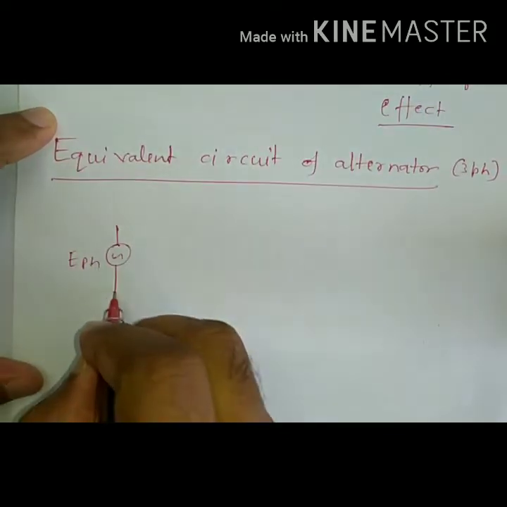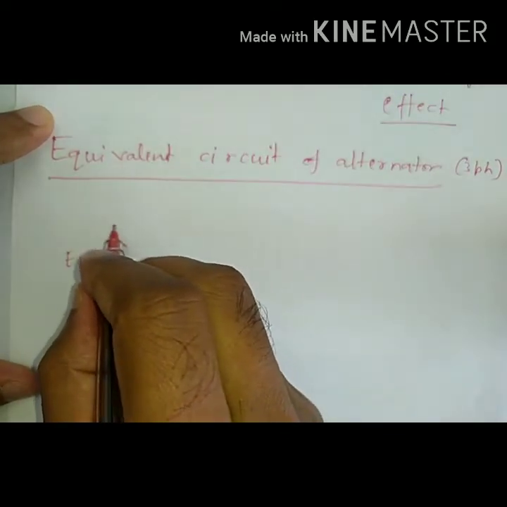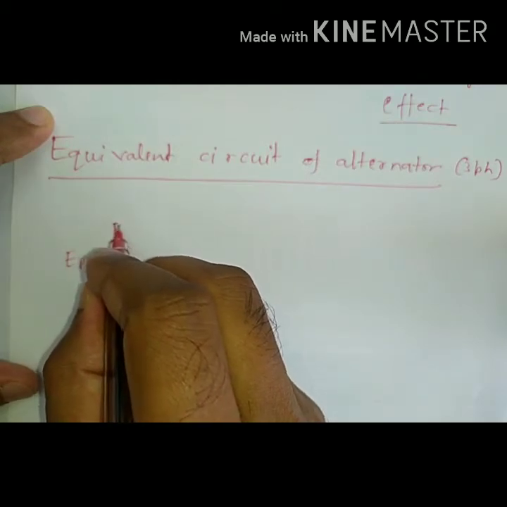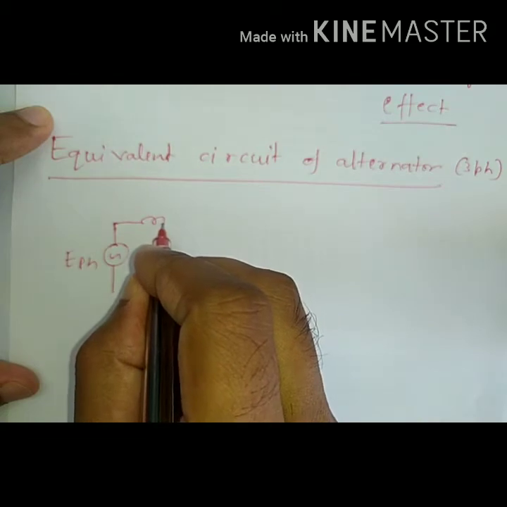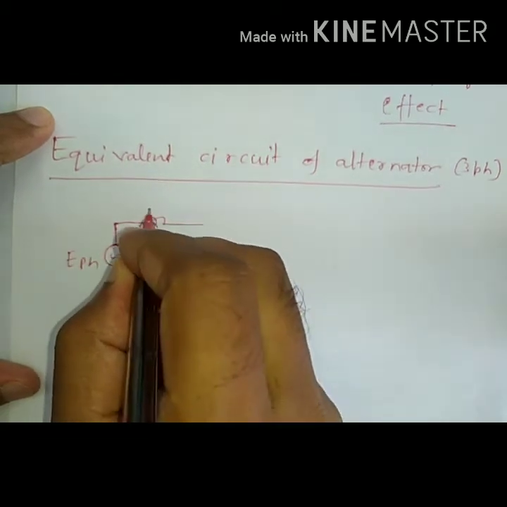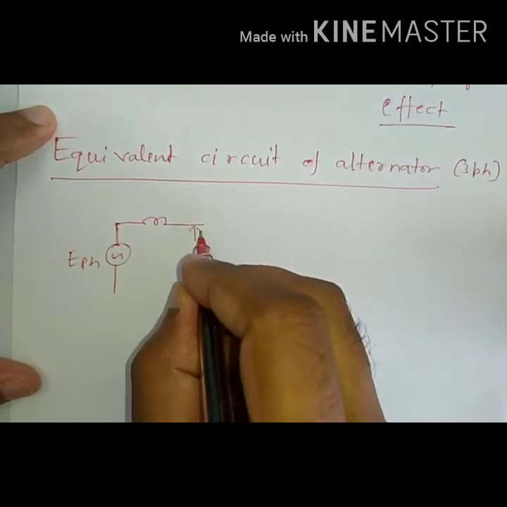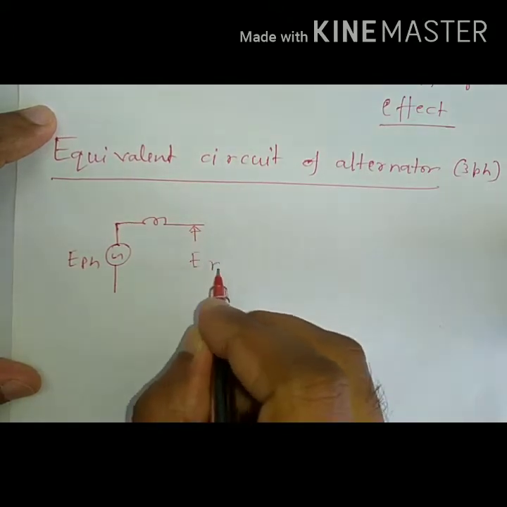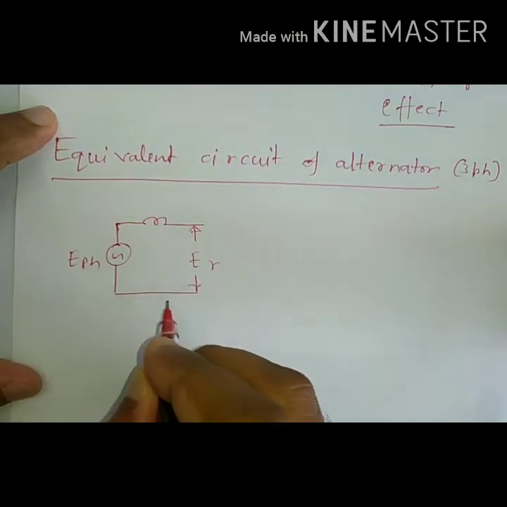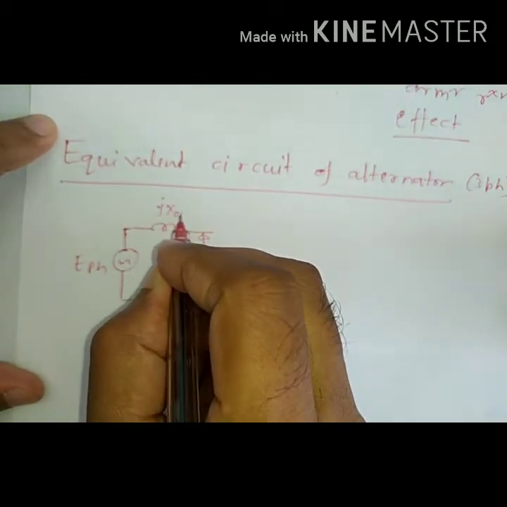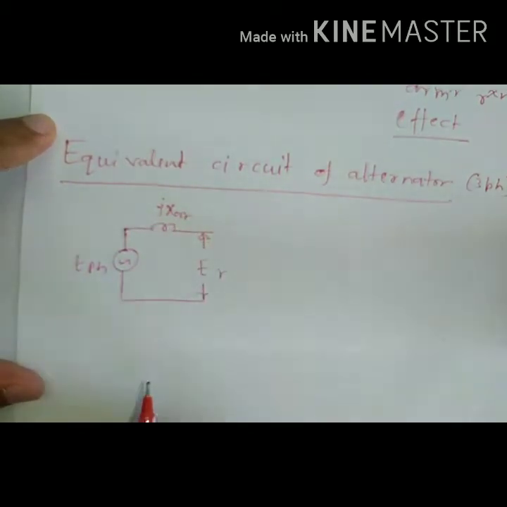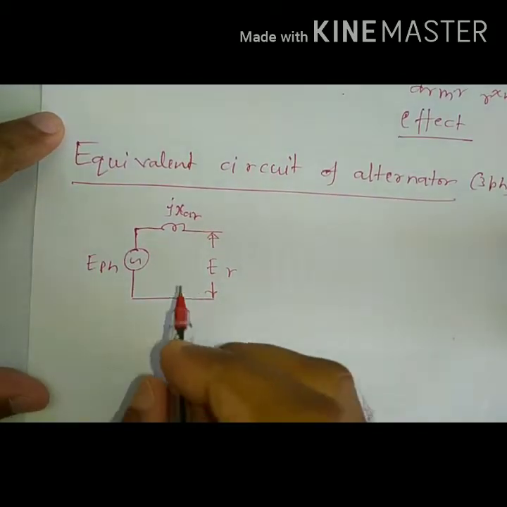Once EMF is induced, if current is flowing, if power is supplied to the load, there will be armature reaction. Due to the armature reaction effect, the EMF available after armature reaction will be different, that is ER here, and this is the armature reaction reactance, XAR.